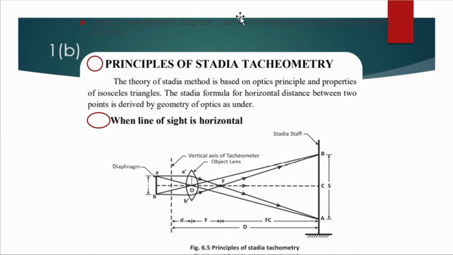Question 1b, the principle of stadia tacheometry. Here we were asked to calculate or give the formulas. This is just what I'm showing you. I don't want to get into much detail.